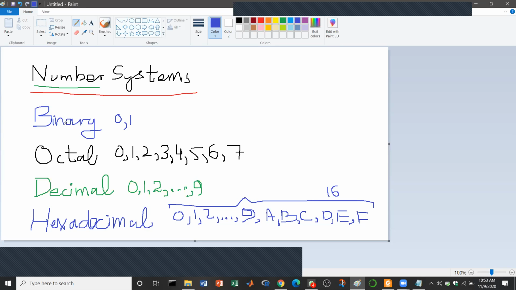Okay, so these are the 4 number systems which we study in this course, and our main task in this session is how we can convert a binary number into a decimal number and vice versa, similarly to the octal number and vice versa, and similarly to the hexadecimal number and vice versa.